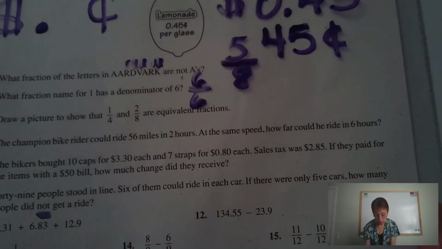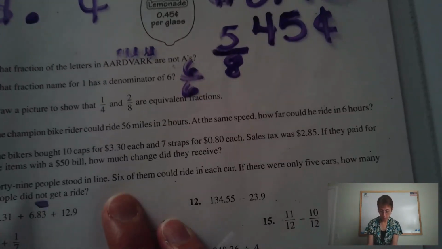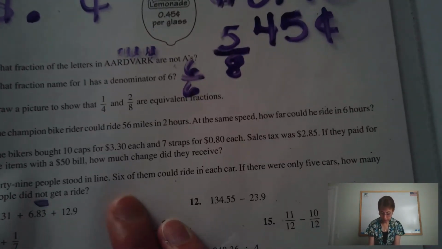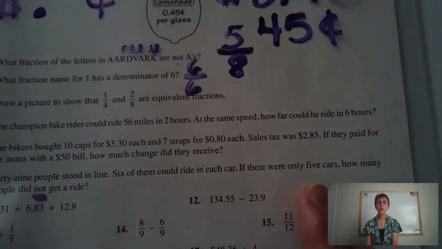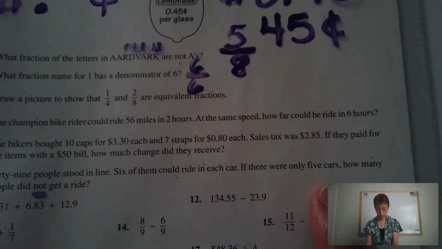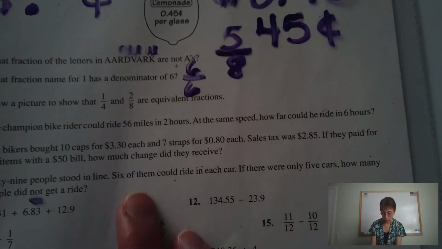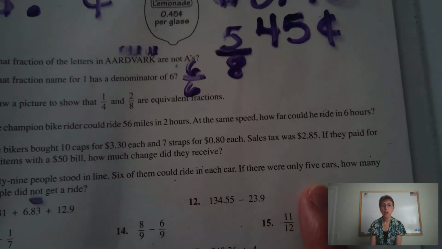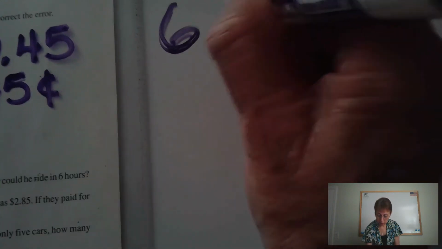So you have 49 people. Okay, so all 49 people want to ride. 6 of them can ride in each car. If there are only 5 cars, how many people did not get a ride? You have 6 in each car, you have 5 cars.